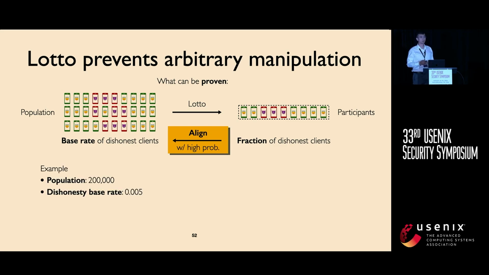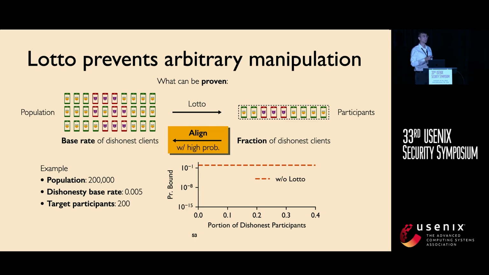Let me give you a concrete case. If there are 200,000 clients in the population where 0.5% of them are dishonest, and the target number of participants is 200, then with some simple algebra, you will see that a dishonest server can populate any fraction of the participants with dishonest ones.